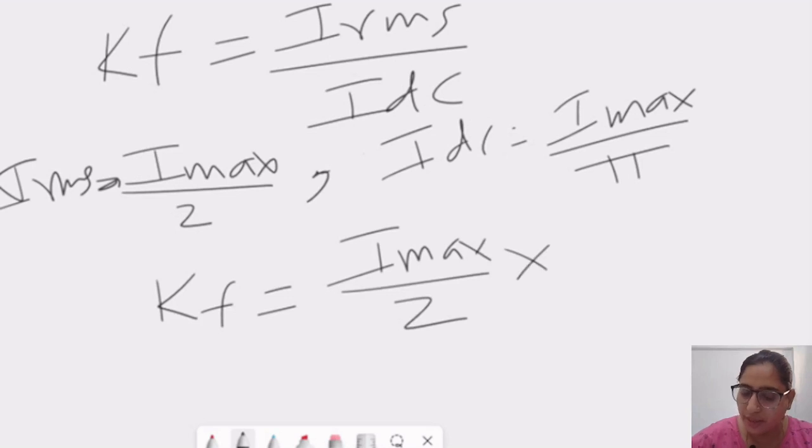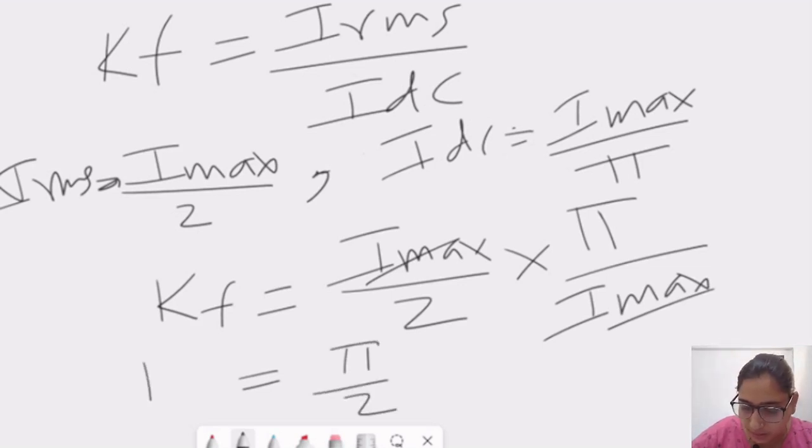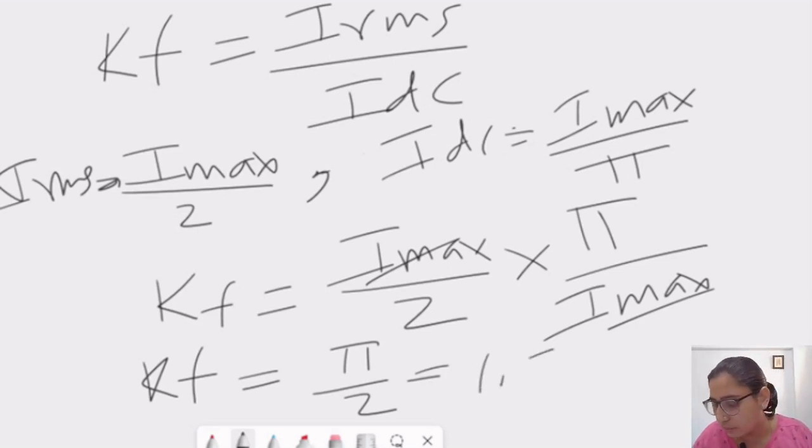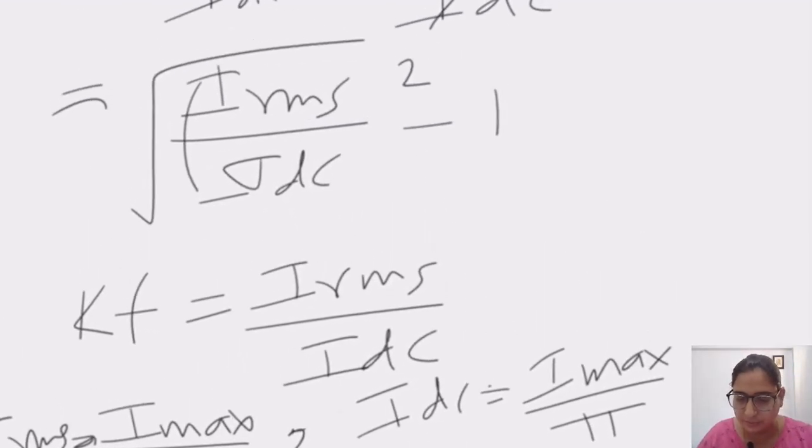Since this is in division, we put pi in the numerator and Imax in the denominator. So Imax will be cancelled out with Imax, and this is pi by 2. Kf is nothing but pi by 2. If we put the value of pi here, this value will come as 1.55. Now we can put this value of Kf directly in the equation.